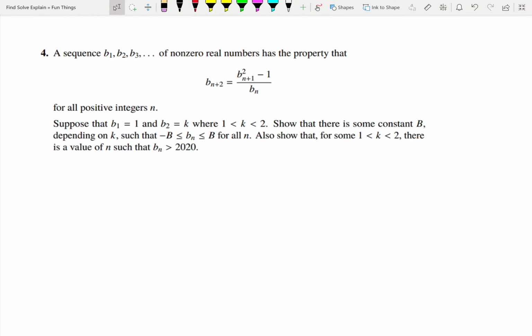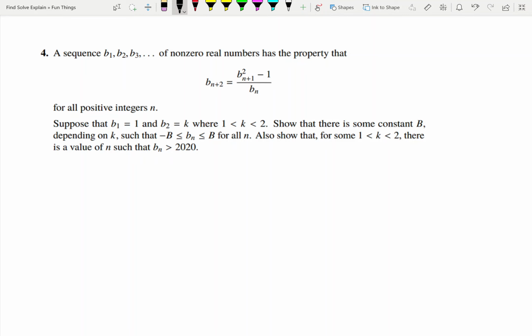First of all, a sequence b1, b2, b3, and so on of non-zero real numbers has the property that b(n+2) is equal to b(n+1) squared minus 1 over b(n), for all positive integers n. Suppose that b1 is equal to 1 and b2 is equal to k, where 1 is less than k is less than 2.